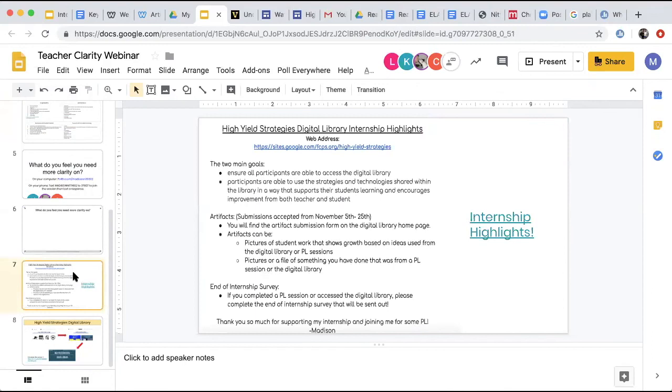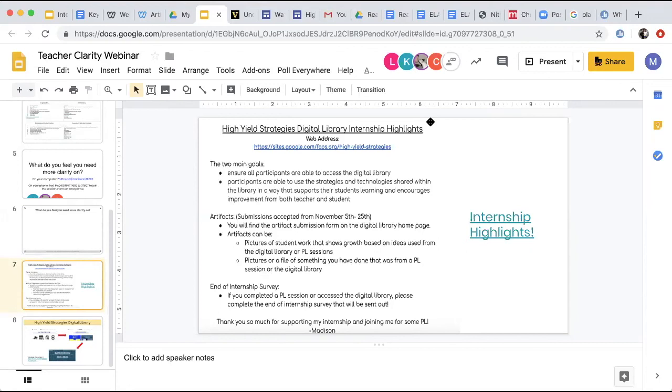Okay. So LaTanya, I think everyone else has been at least to one, but the two main goals of my internship are to be able to ensure that you can access the digital library, and then also to be able to use the strategies and technology shared within the library in a way that supports student learning and encourages improvement from both your professional side and from your students.